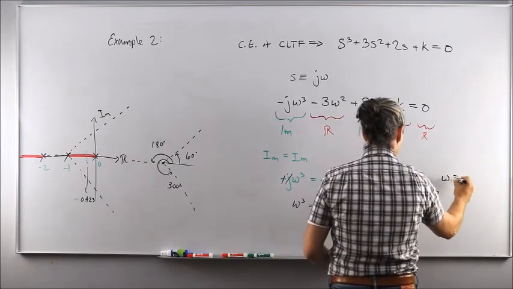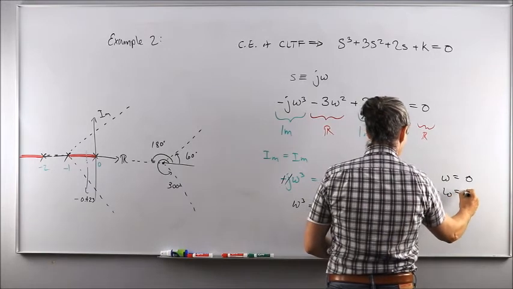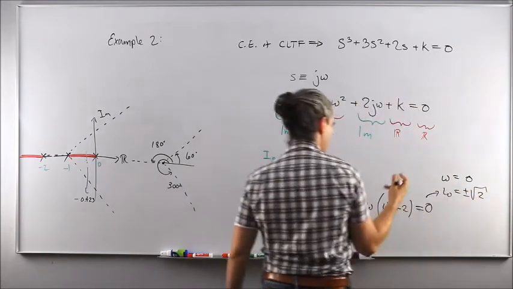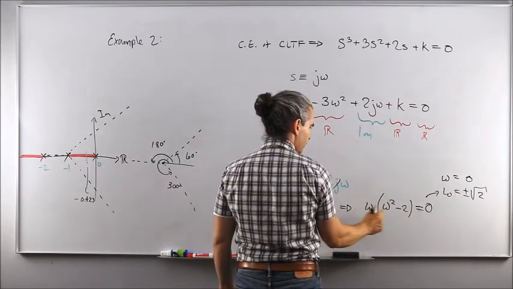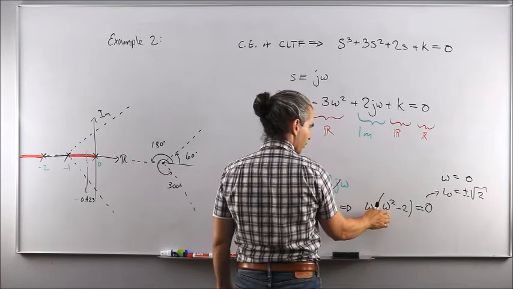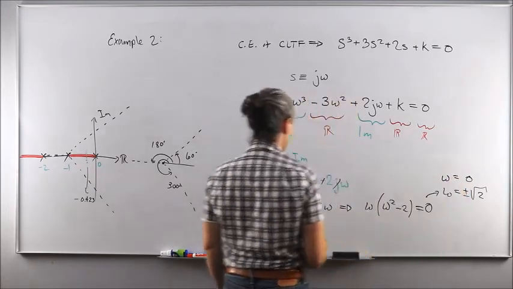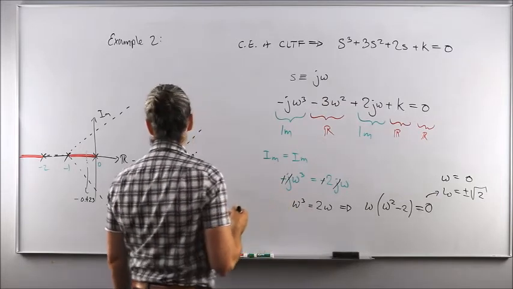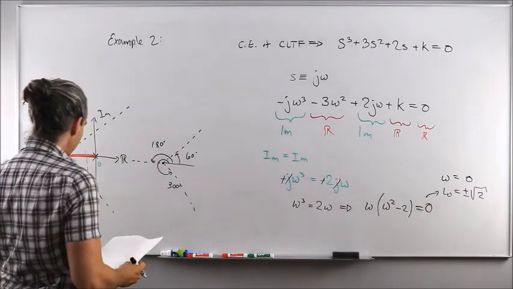Okay, so first omega equal to 0 and omega equal plus minus square root of 2. So three values, sorry, that was a cubic relationship. One value here and two values for the omega squared terms. So 1, 2, 3 values of omega. That would be corresponding to the intersection of the root locus with the imaginary axis.